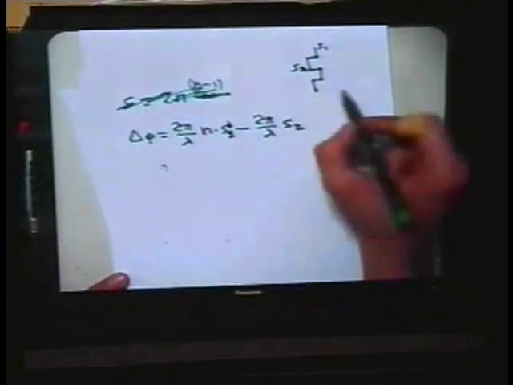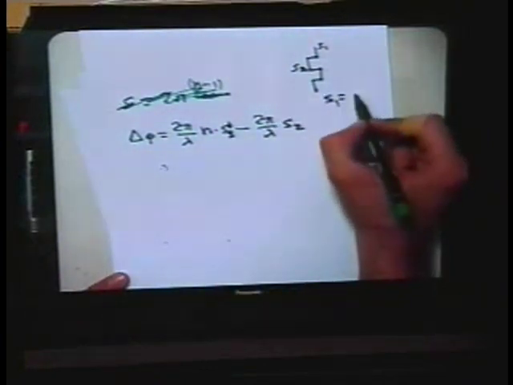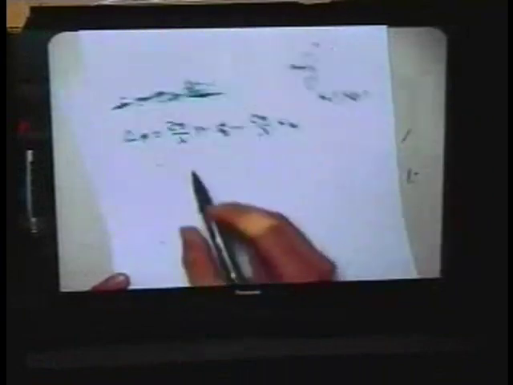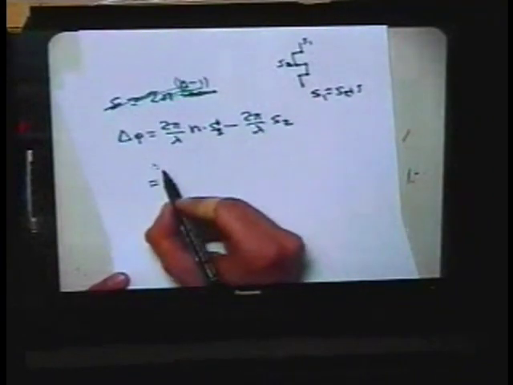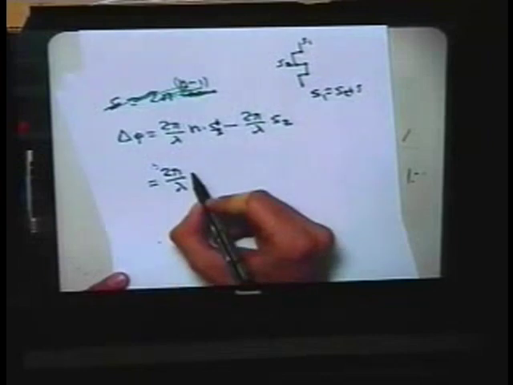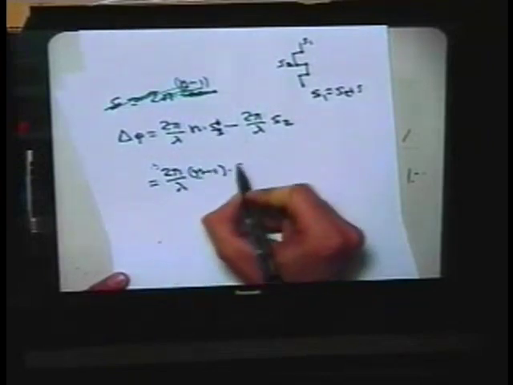So if I say that s1 equals s2 plus s, then what I will get is 2 pi over lambda times (n minus 1) times s.